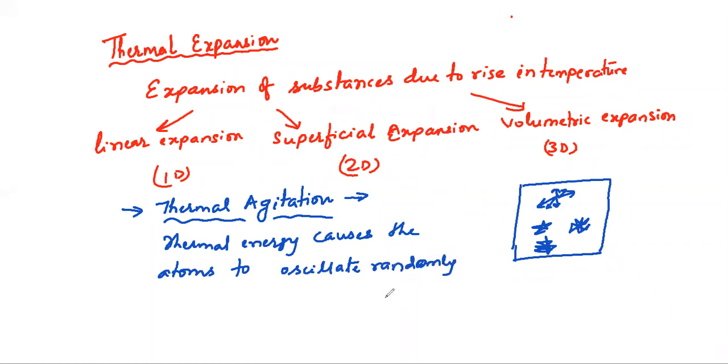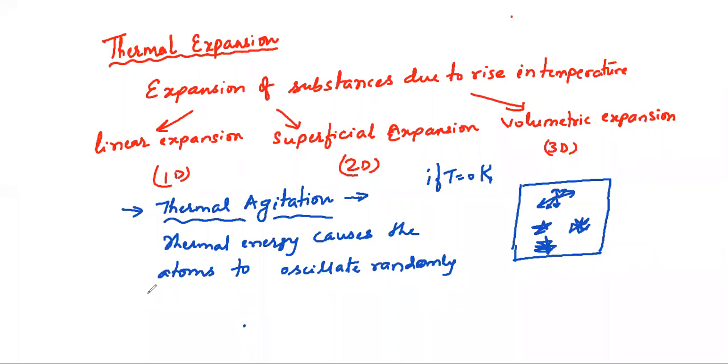If temperature is 0 Kelvin, then it is not going to oscillate. There will be no oscillation. As temperature is increased, thermal agitation or oscillatory motion increases. Atoms start to oscillate randomly.